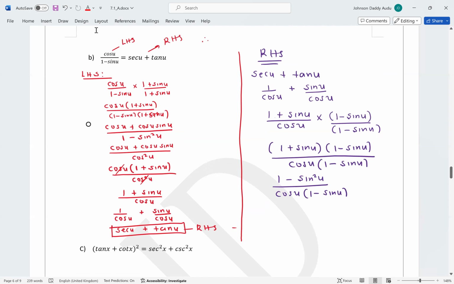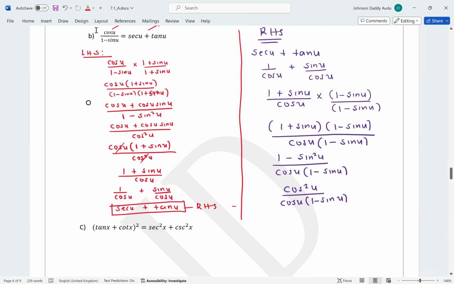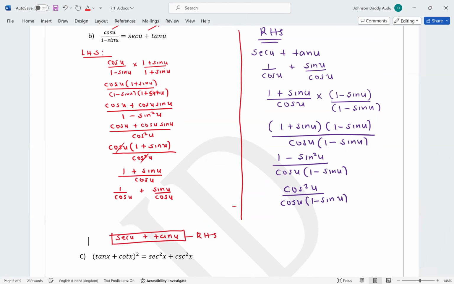And now 1 minus sine squared u is cosine squared u over cosine of u multiplied by 1 minus sine of u. And now you can see that we are getting close.